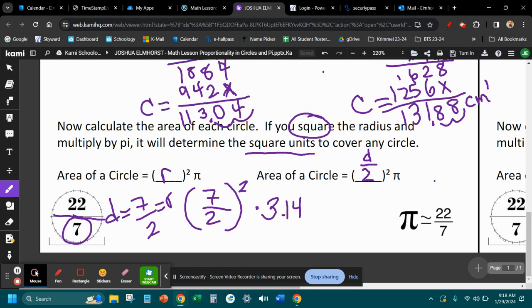Now, you could do 7 divided by 2 and get 3.5, but as a fraction, 7 over 2 squared means 7 times 7 and 2 times 2, which mathematically would be easier than multiplying 3.5 times 3.5. So this would be 49 over 4 times 3.14. And this would give you the area of the circle, and the area of the circle would be in square units.